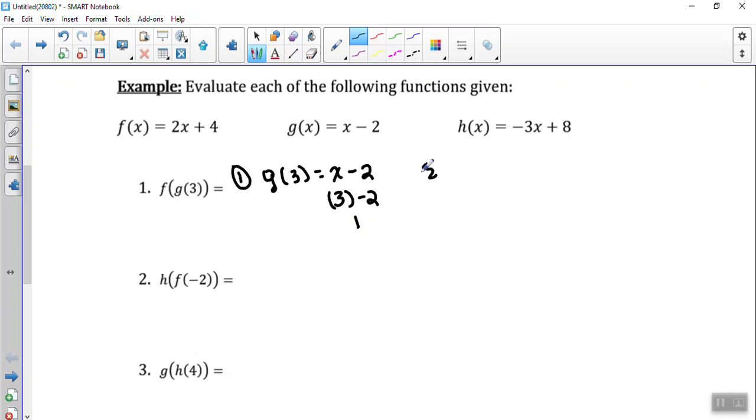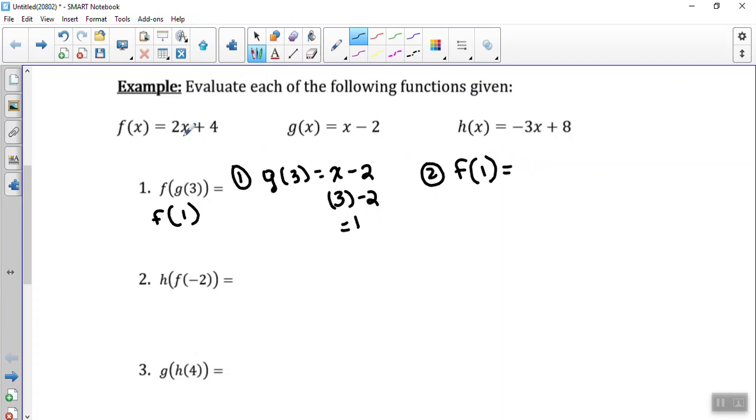My second step, and look at what I just did here: this is f of g of 3, and we found that g of 3 is equal to 1. So I can just substitute 1 for g of 3. My second step is to take the function that's on the outside and plug in my result.